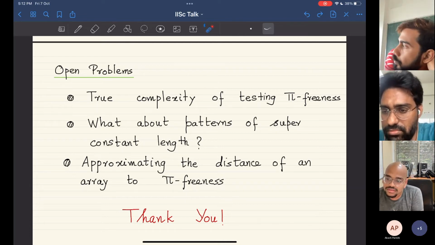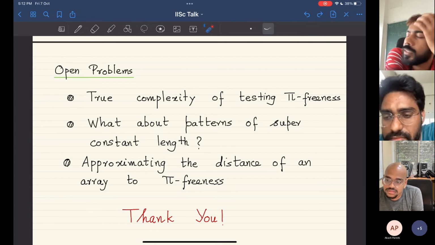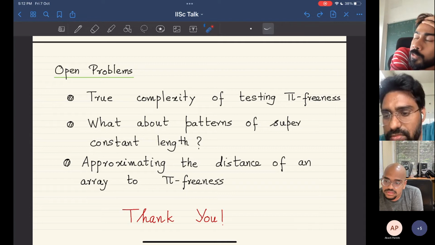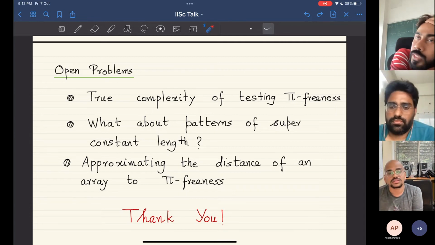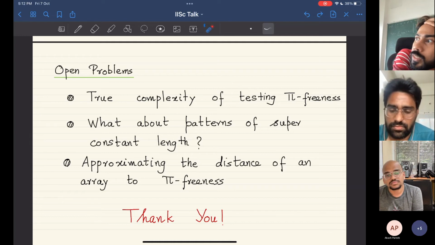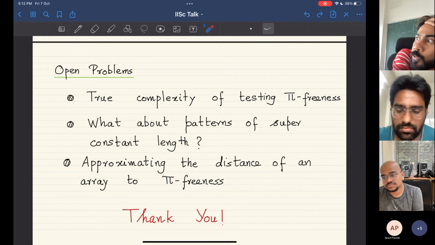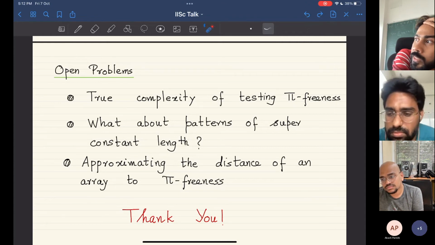But is this something you can use when k is large? No, but then how do you define epsilon farness is what I'm thinking. So what does it mean to be 3, 2, 1, 4, 5 free for an array?